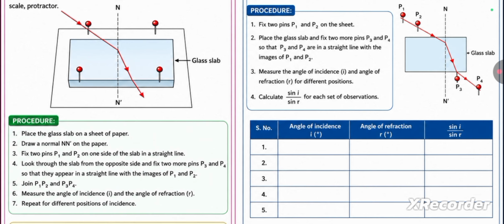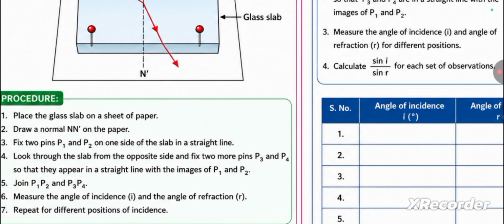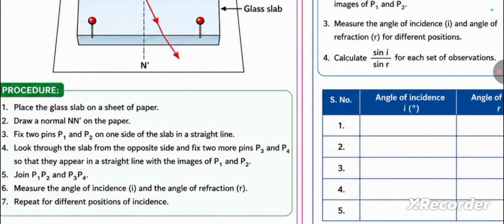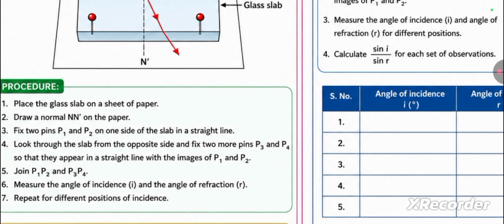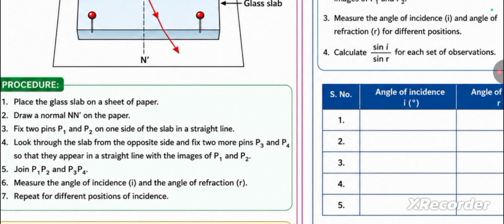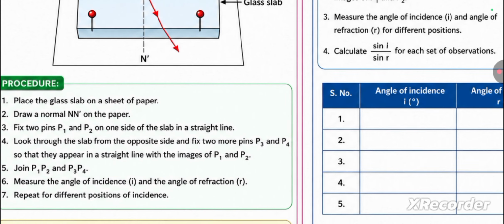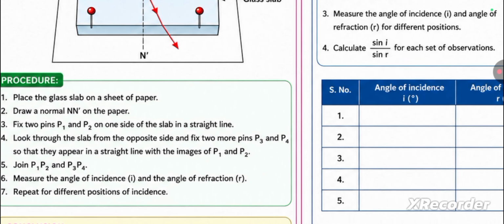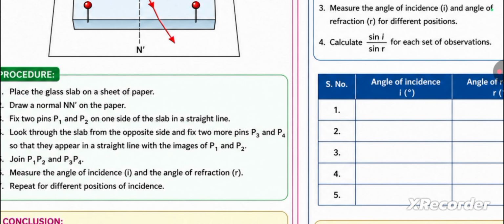Fix the two points P1, P2 on one side of the slab in a straight line. Look through the slab from the opposite side and fix two more pins P3 and P4 so that they appear in a straight line with the images of P1 and P2. Join P1, P2 and P3, P4.